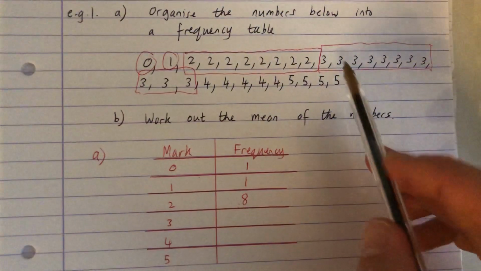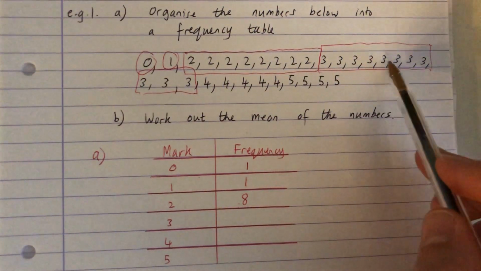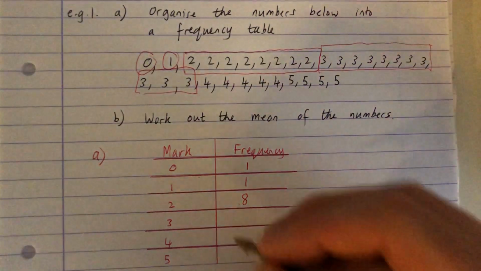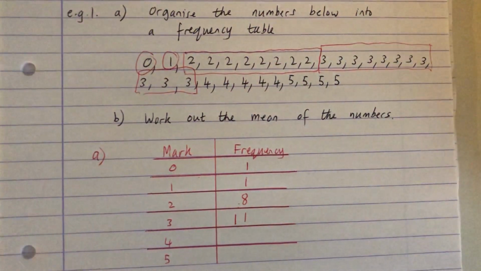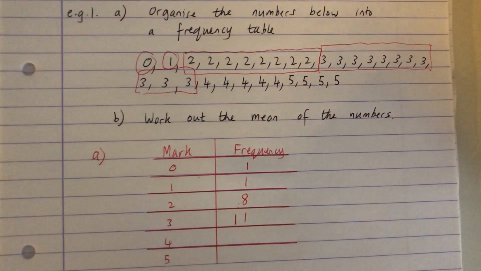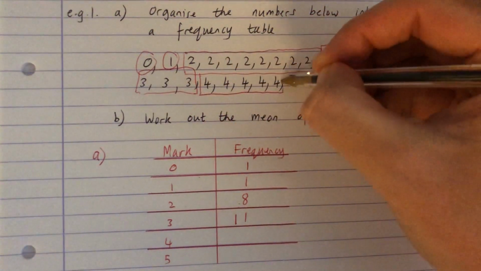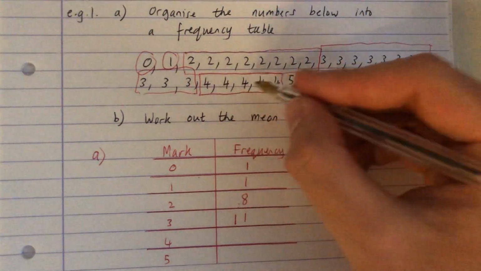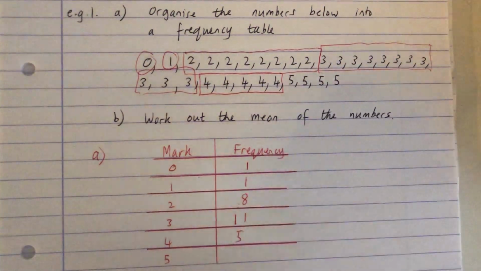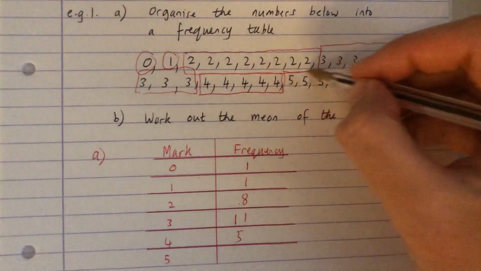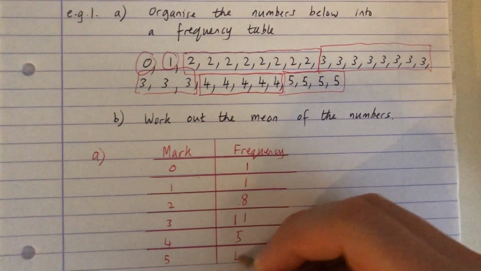All of those. 1, 2, 3, 4, 5, 6, 7, 8, 9, 10, 11 people. Next one, how many people had 4 marks? 1, 2, 3, 4, 5. And finally, how many people had 5 marks? 4.